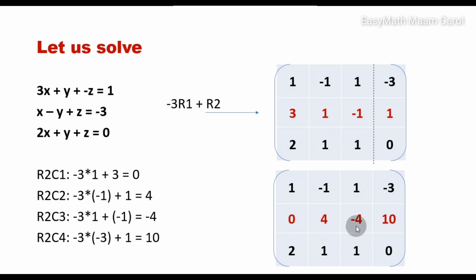That's why we have negative 4 here. And then finally, dun sa last natin, negative 3 times negative 3 is positive 9. Positive 9 plus 1 is equal to 10. So, ito yung pinaka operation para makita nyo na mabuti pagka magre-review kayo. At yung mga sagot, narito sa kulay red din.